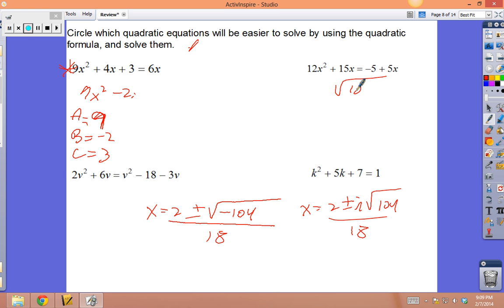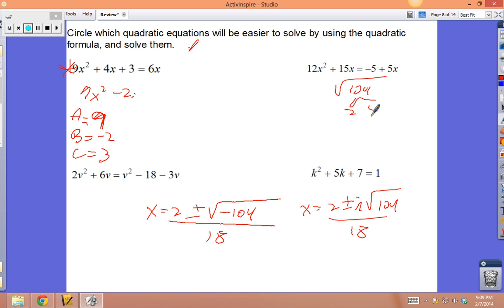Square root of 104 is the same thing as 2 times 56. 56 is, or not 56, I think it's 52. 52 cut in half is the same as 2 and 26. 26 cut in half is 2 and 13. So the square root of 104 is the same as 2 cubed times 13. And I can pull a square out of there, so that's going to be the same as 2 times the square root of 26.